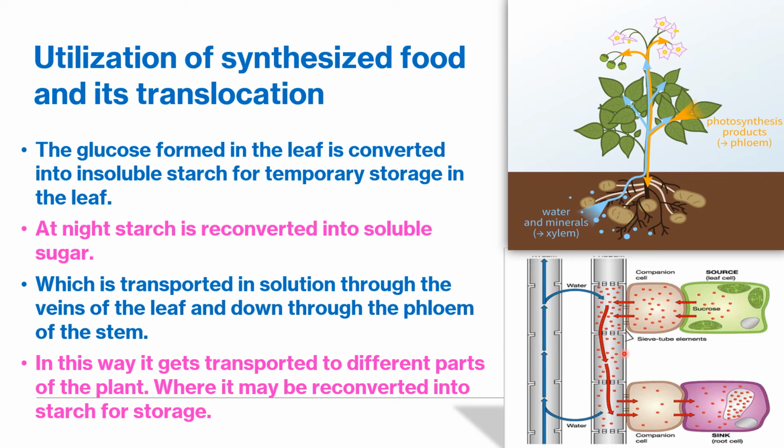Here you can see, this is the phloem. In this way, it gets transported to different parts of the plant where it may be reconverted into starch for storage.